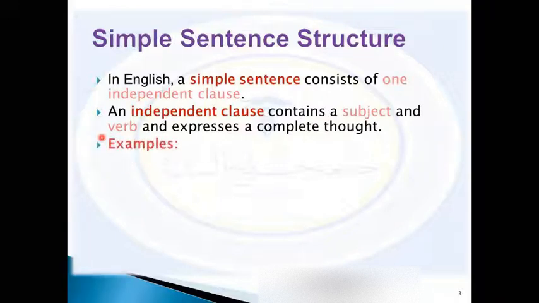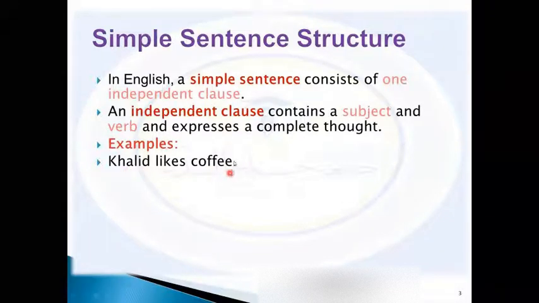For example, when we say "Khalid likes coffee," here we can say this is an independent clause. Khalid is the subject and likes is the verb. Okay, and here we have some object. "I like tea."